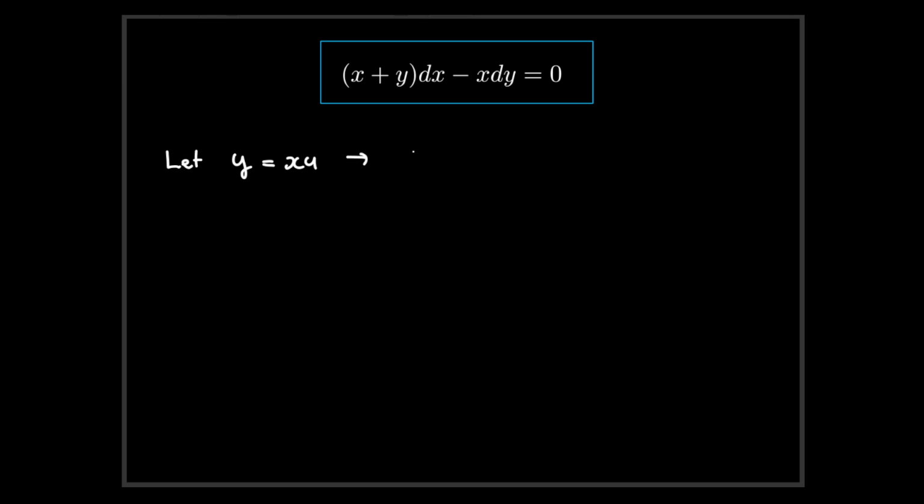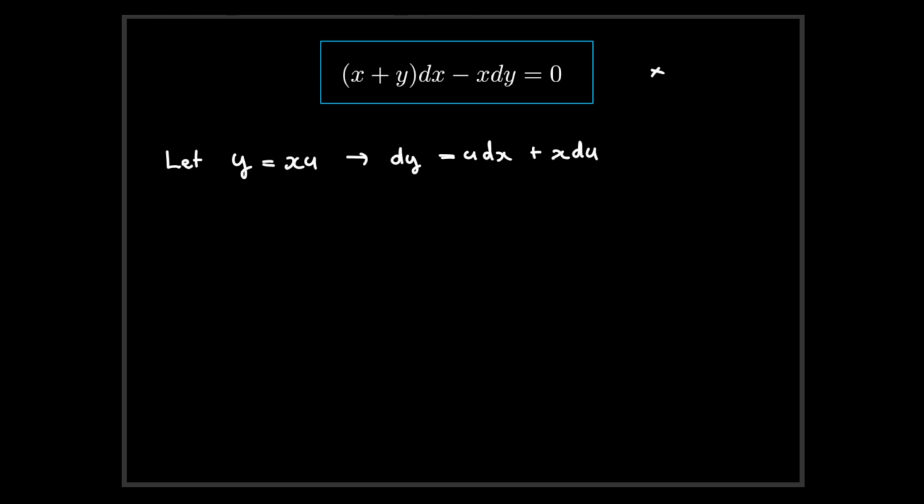Then we want to make a substitution, removing everything involving y and replacing it with something involving x and u. In particular, dy becomes u times dx plus x times du.